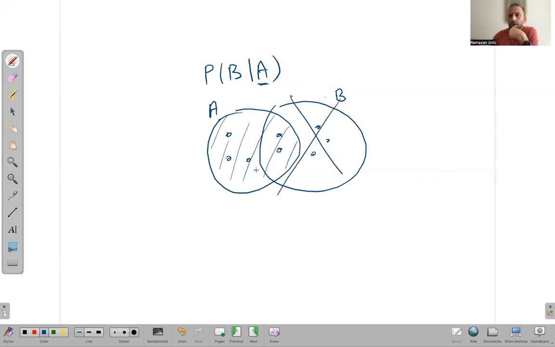This is again A intersect B. What is the probability of getting these 2 points? Simply this region divided by this whole region, and in this case A is my new omega. If I divide this region by the whole region, I get the probability of getting these 2 points. So it's simply A intersect B divided by A. Same.